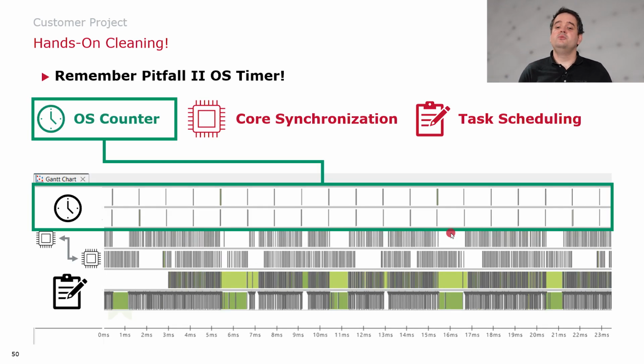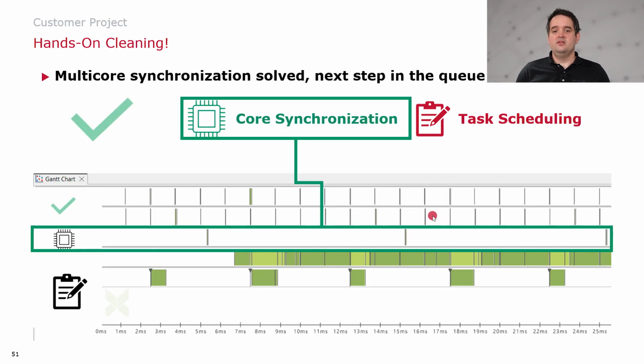So first we worked on the timer interrupt service routine to make the OS counter run in the right periodicity and verify this once. At the second point, we started to work on the core synchronization. Here we adjusted something in the design, and the task scheduling now was the last part we took care of.